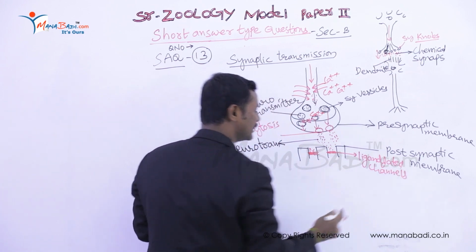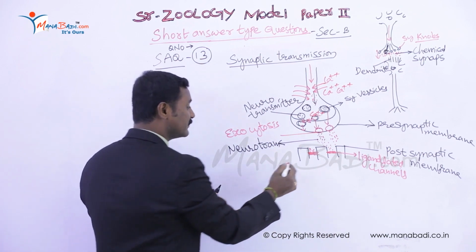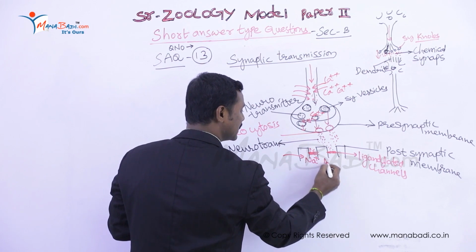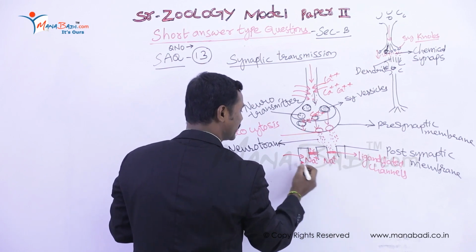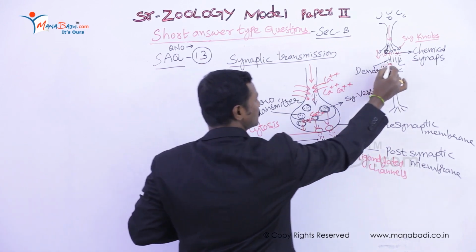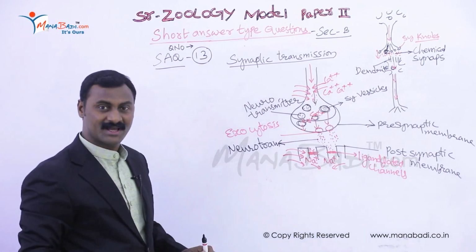So these ligand gated channels get depolarized. Because of that, sodium channels will open. Sodium activation gates get open, so sodium enters into the membrane. Like that, depolarization is carried to another neuron.